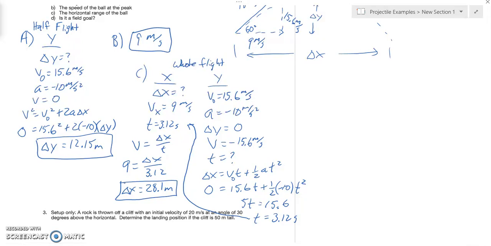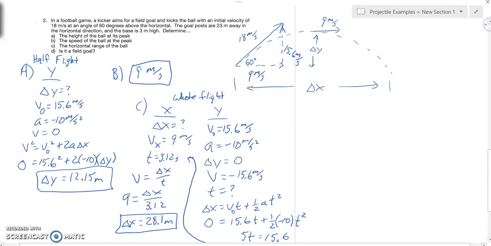Part D, is it a field goal? Well, we're given that the goalpost is 23 meters away from the kicker. It does go 28.1 meters, so it does go far enough. We know that. But the question now is, does it go high enough to make it over the goalpost, which is 3 meters high? Now here's something, the 3 meters, we're told that's the height of the goalpost, but really we're not going to use that until the very end.